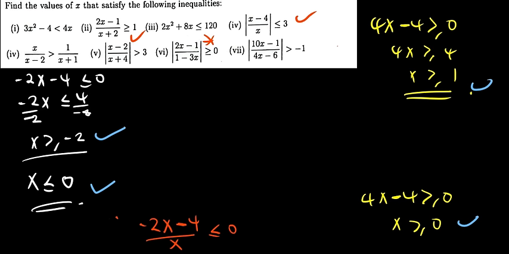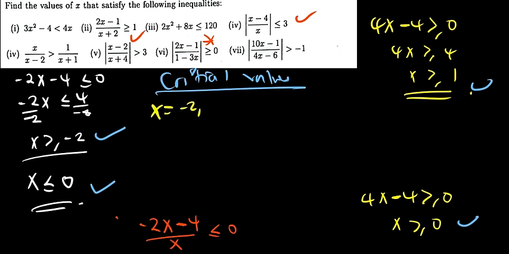My critical point values is x equal to negative 2, 0 and 1. But 0, we have two zeros, and we should not forget that we reached at a part where we had, allow me to put this one here.